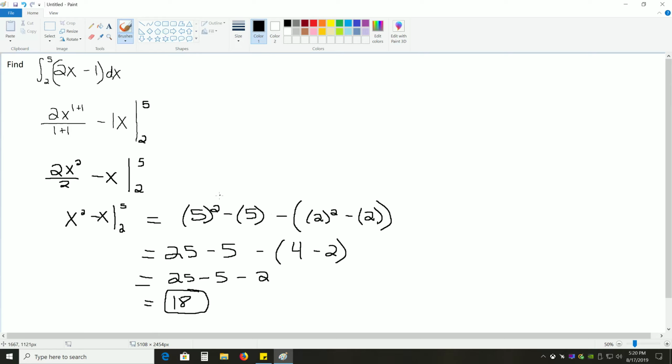When you plug in 5 and when you plug in 2, technically there would have been a plus c here and a plus c in here, and they would have canceled each other out. That's why we don't even need to include them. They just aren't written in the problem. Only when you're doing an indefinite integral, where there are no limits of integration, do you need that plus c there.